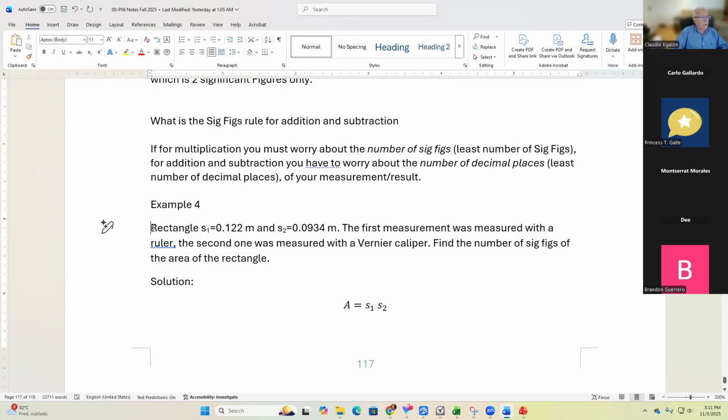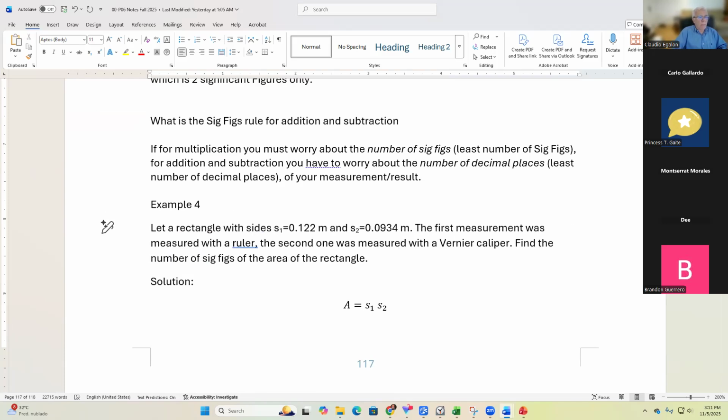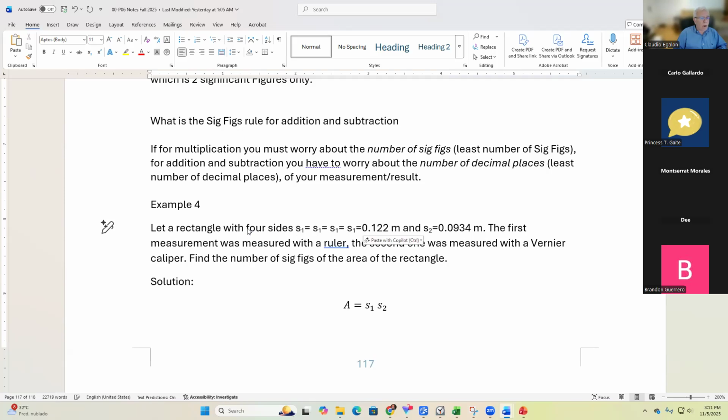Let a rectangle with 4 sides, a little bit different than I did before: S1, S2, S3, S4, okay?